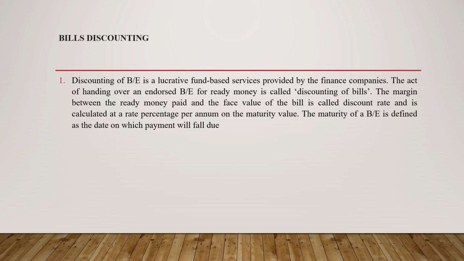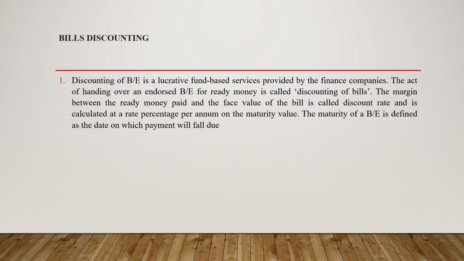Bill discounting emerged as a lucrative fund-based activity in India after the mid-80s. However, it emerged as one of the contributory factors in the securities scams that occurred in India during the 1990s.